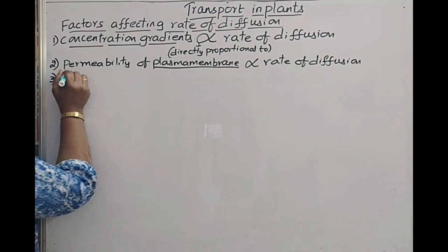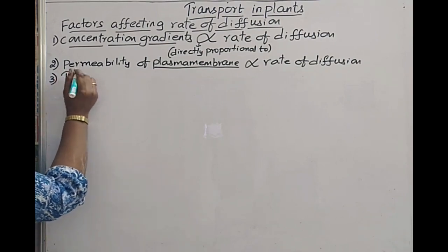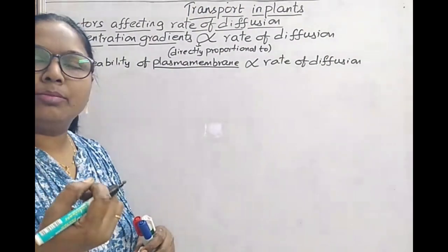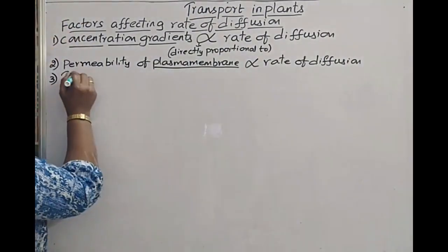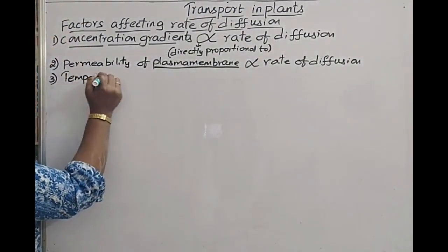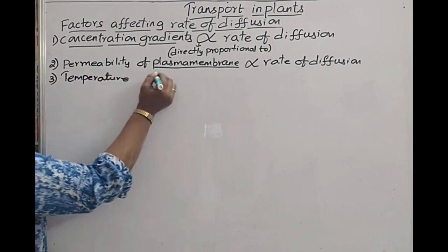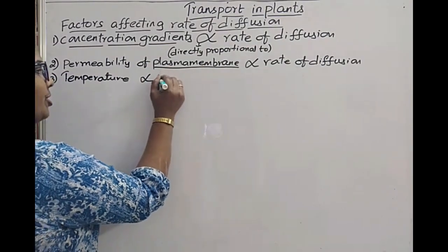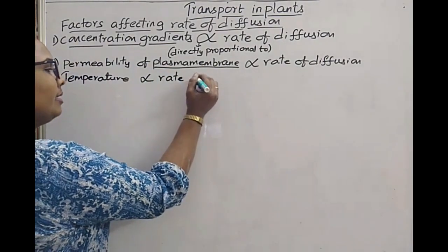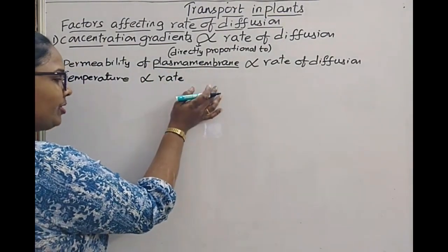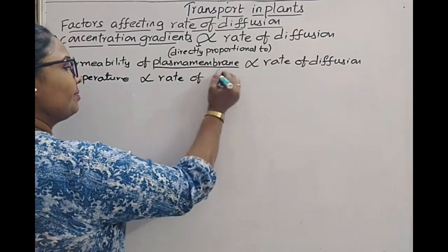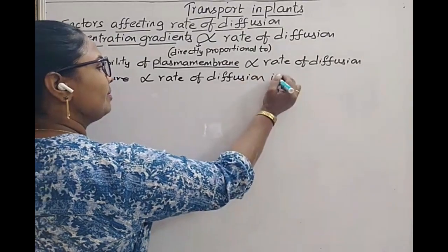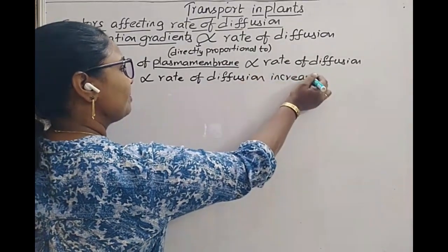Third one, temperature. When temperature increases, gaseous molecules will be more prone to diffusion. Temperature is one of the factors that is directly proportional to the rate of diffusion, meaning the rate of diffusion increases.